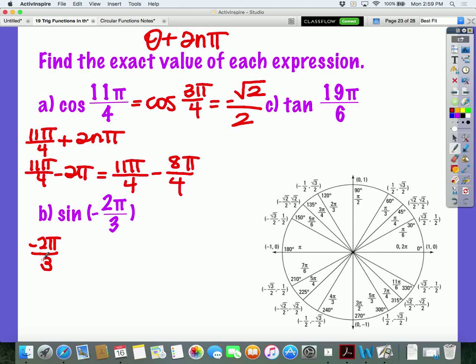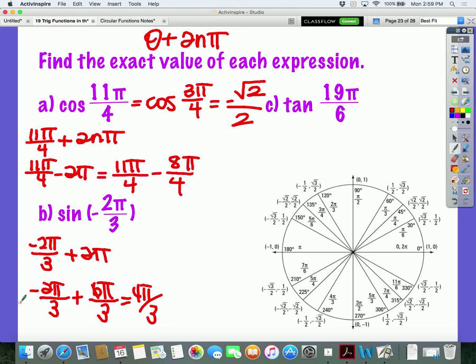Add a 2 pi in there, guys. Negative 2 pi over 3 plus 6 pi over 3. Actually, 4 pi over 3. It'll be 4 pi over 3.